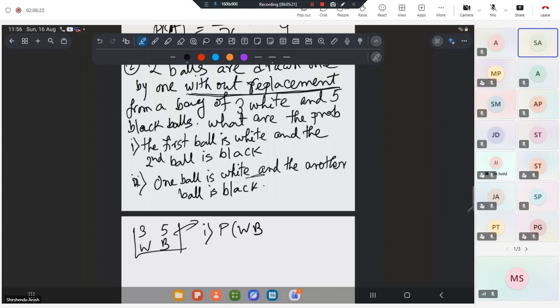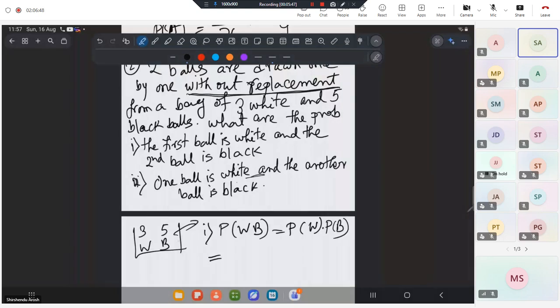Since we are not creating any dependency here, taking out the white ball does not depend on taking out the next black ball. So these are independent events. P of W multiplied by P of B.